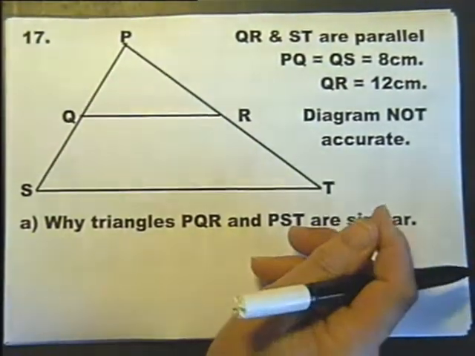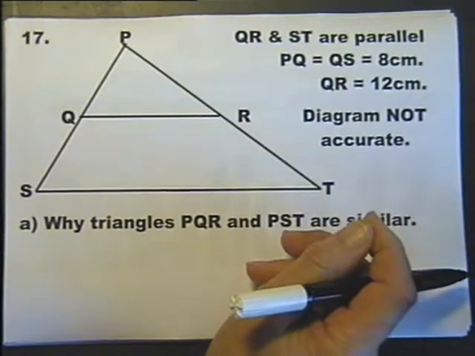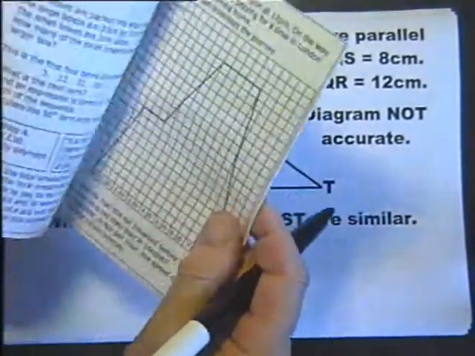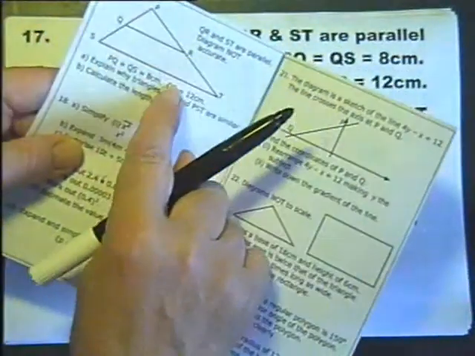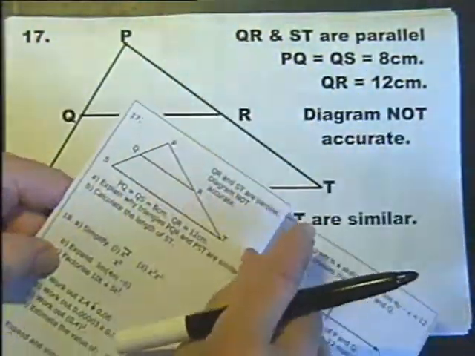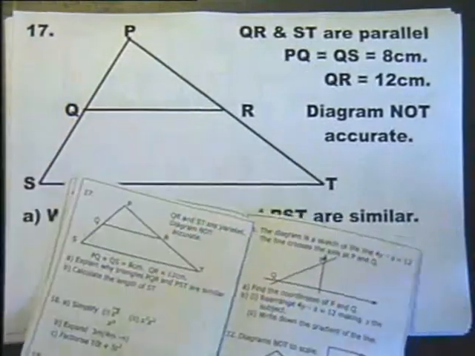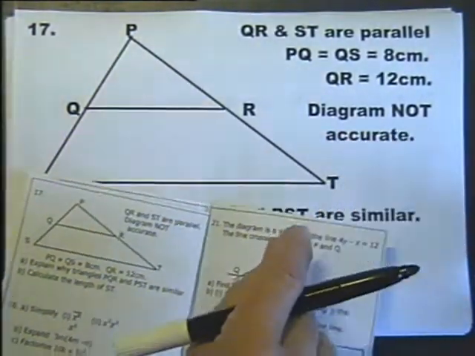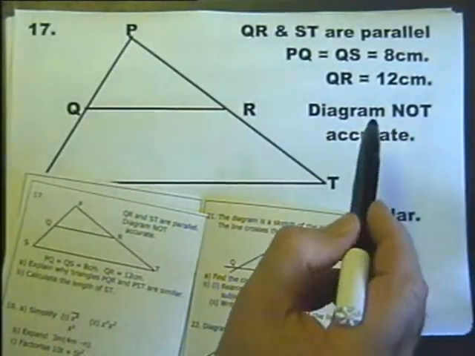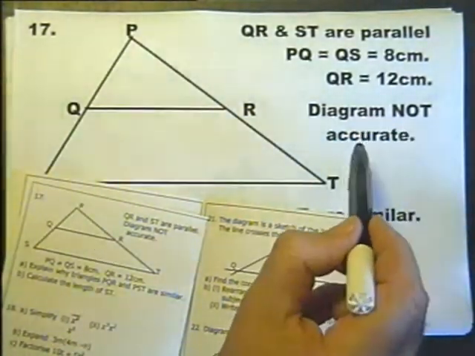In the diagram, "diagram not accurately drawn" is another phrase meaning the same thing as "diagram not to scale."